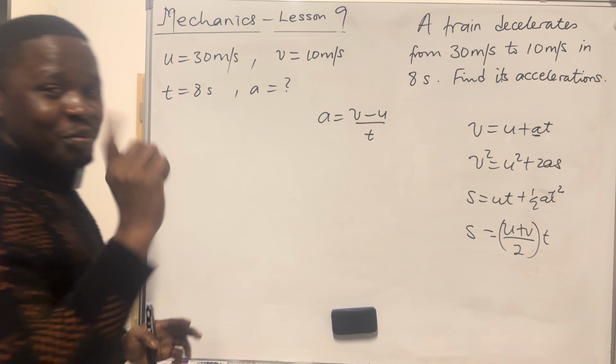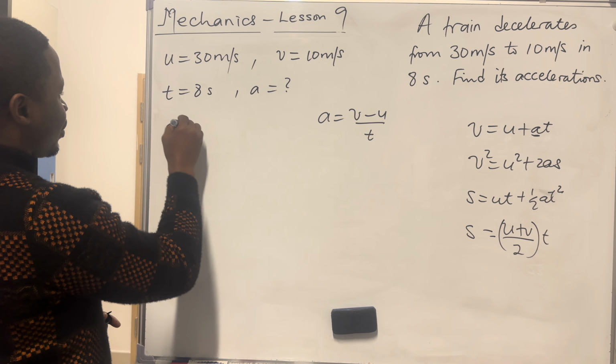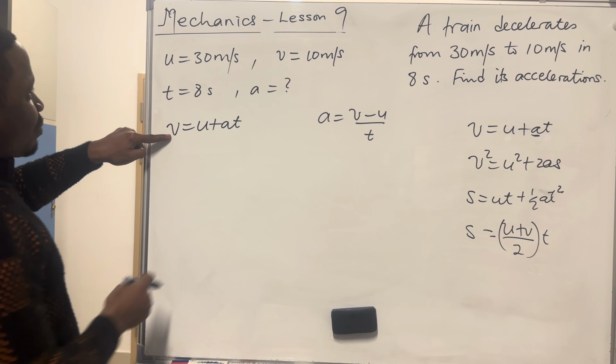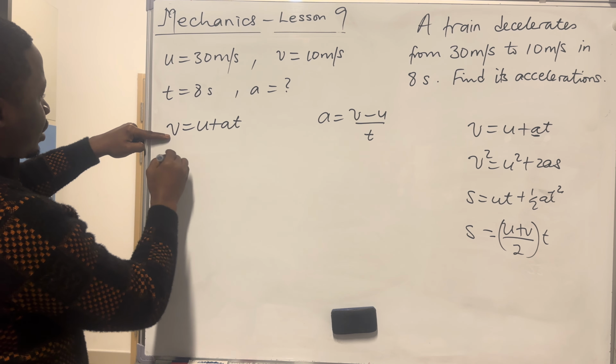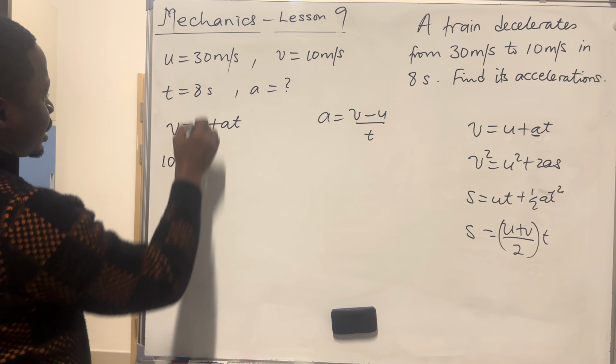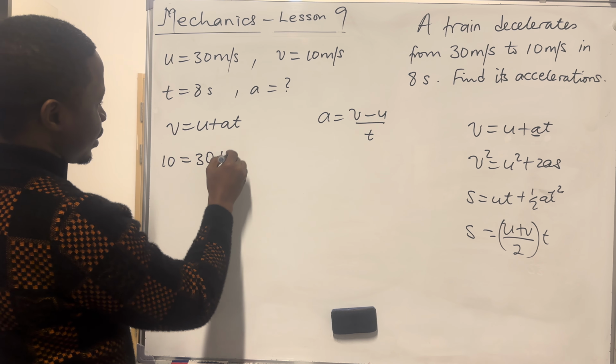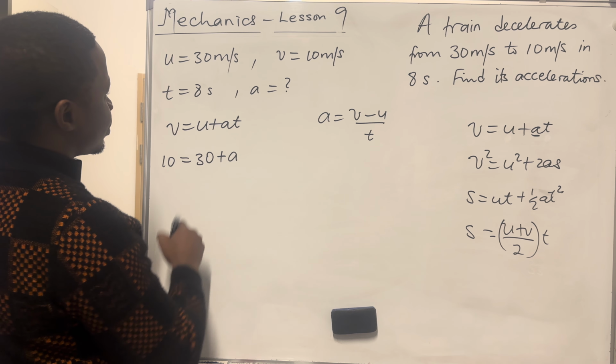But for beginners, let us use it. v equal to u plus at. What is our v? It is 10. What is our u? It is 30. We need a, and t is 8.